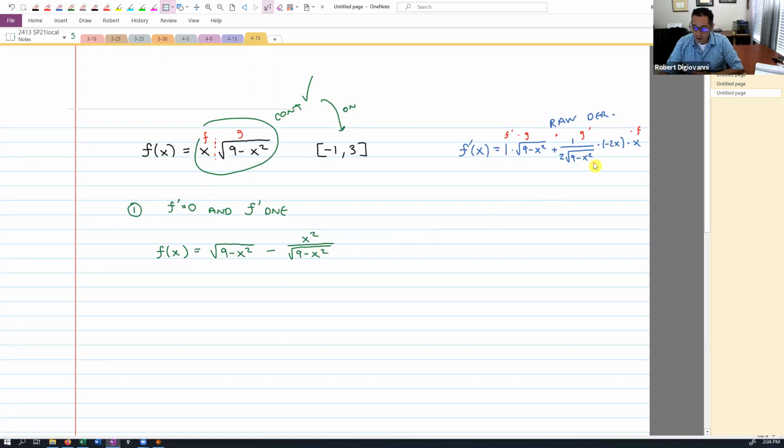All I did here was cancel the 2's. This 2 and this 2 go away. I still have a negative, which is why this is a minus now. Then this x and this x multiply together to become an x squared, and I slid it on top of this square root. We good there?